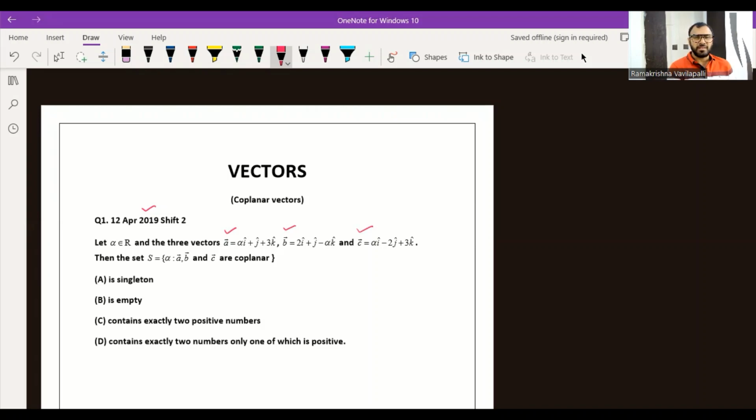Here you see the set S equal to set of alpha such that A bar, B bar, C bar are coplanar. Means if A bar, B bar, and C bar are coplanar vectors, then how many elements S may contain? This is the question. So here is the solution. A bar, B bar, C bar are coplanar.